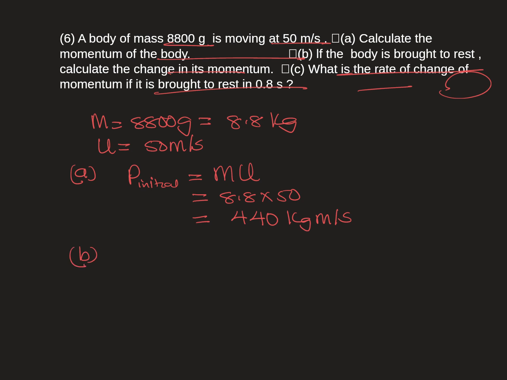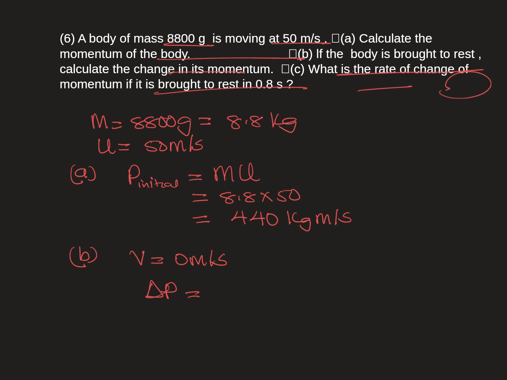So question B is, if the body is brought to rest. So it was a moving object and it is brought to rest. So it means the final velocity will be 0 meters per second. Calculate the change in momentum. Okay. So what is change in momentum?